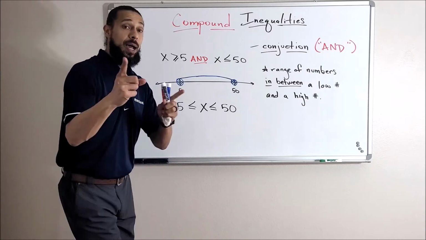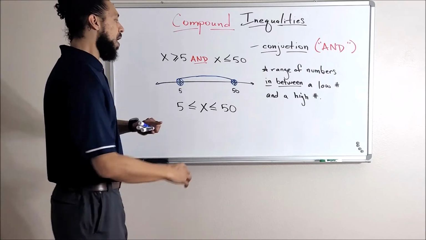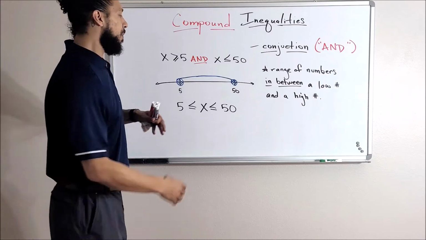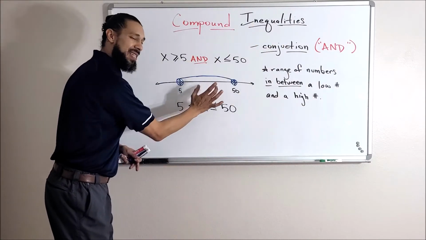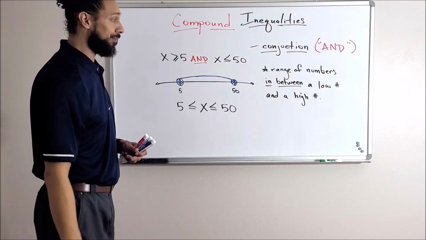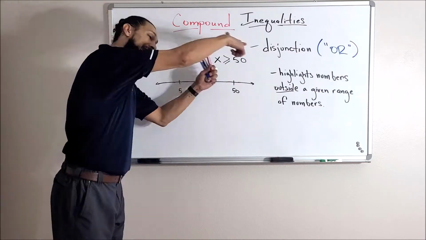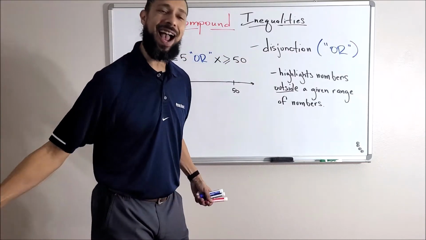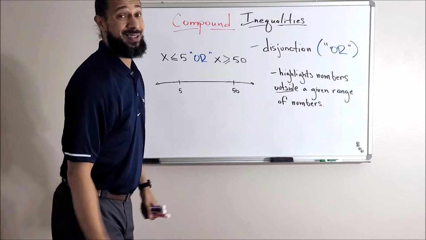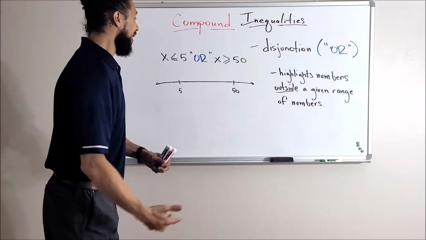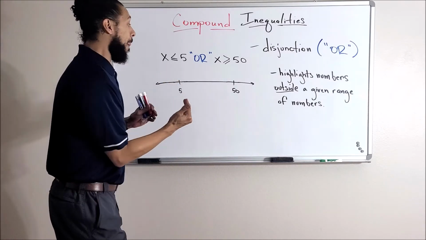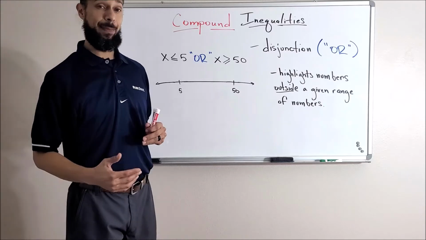But what if I was talking about all of the other numbers, the numbers except for these in the middle? You got it: disjunction. Now, this is what a disjunction might look like. Maybe we're talking about bad eating habits now.